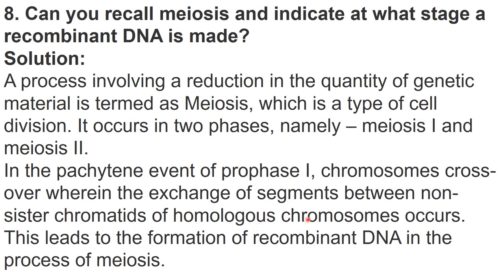Recombination means exchange of genetic material between the non-sister chromatids of homologous chromosomes, and this leads to formation of recombinant DNA in the process of meiosis. So this is how naturally in the process of meiosis recombinant DNA formation occurs, meaning recombination of genetic material, you can say.